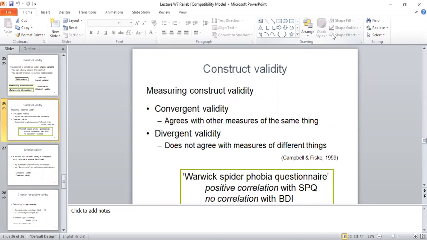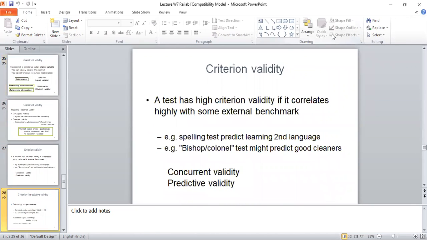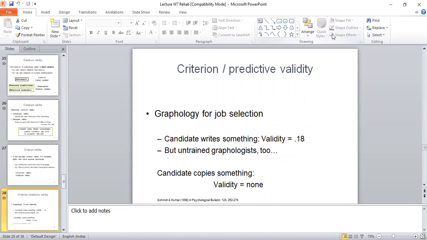Although there are multiple examples being given, here it is written convergent validity as well as divergent validity as part of content validity. This is actually construct validity. Content validity of a test is examined in two ways: by expert judgment and also by statistical analysis.